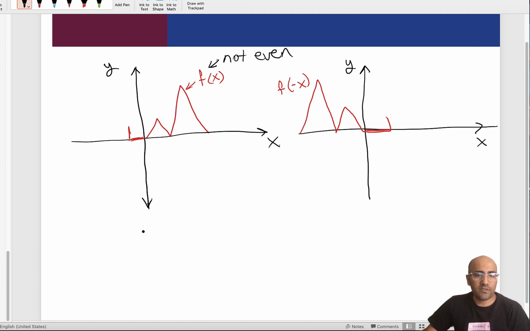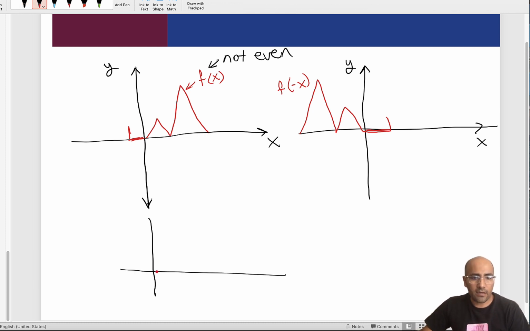Good. If it was something where you could rotate it and they both look identical, like let's say the original function looked like this, maybe it had a little triangle here and then a big triangle, and the other side looked the same, a little triangle here and then a big triangle. Let's say this was the function g of x.